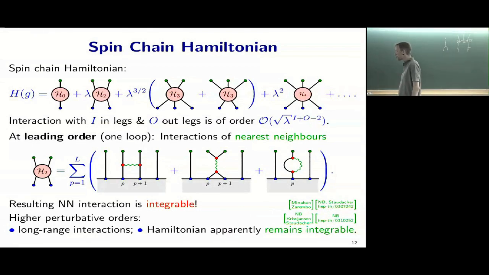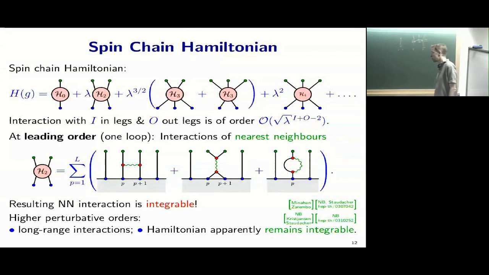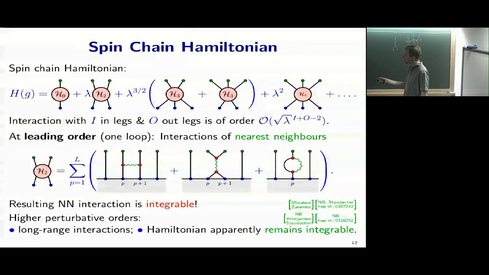So far I haven't really said what integrability is, but one definition is to say that there are additional conserved charges which also commute with each other, and there needs to be a precise amount of them, I guess. Even in a quantum system, this is not so clearly defined, but if there are more charges than just the Hamiltonian which commute with the Hamiltonian, then this might be an integrable system. Now, you can construct such charges for this Hamiltonian, and you can then deform them by higher order corrections in the same way.